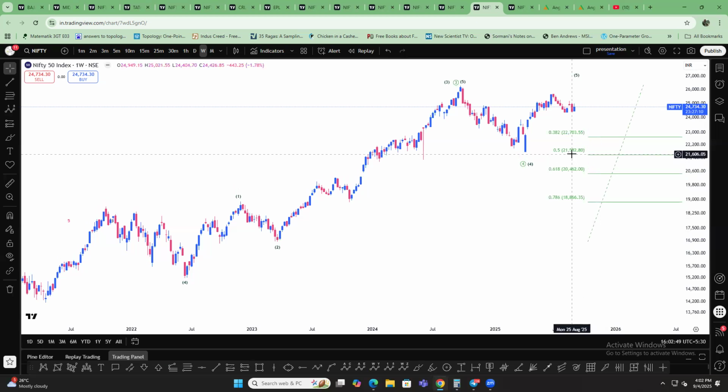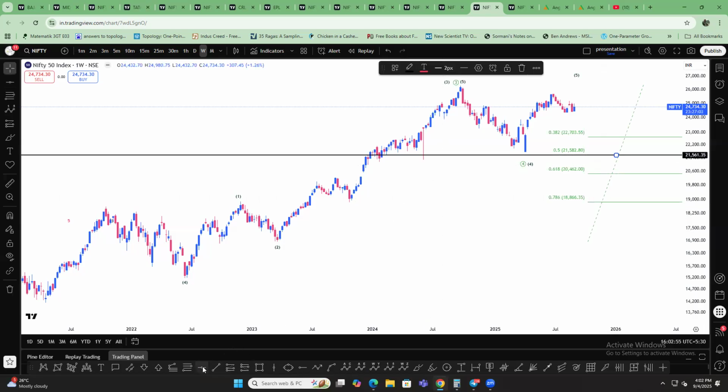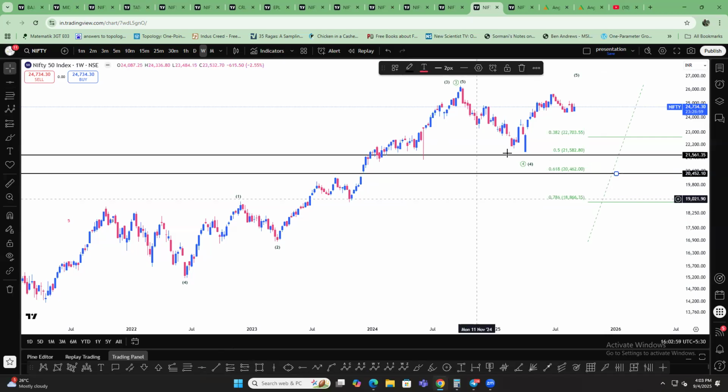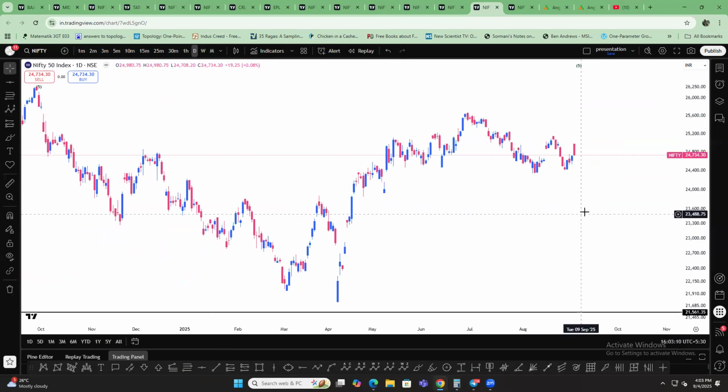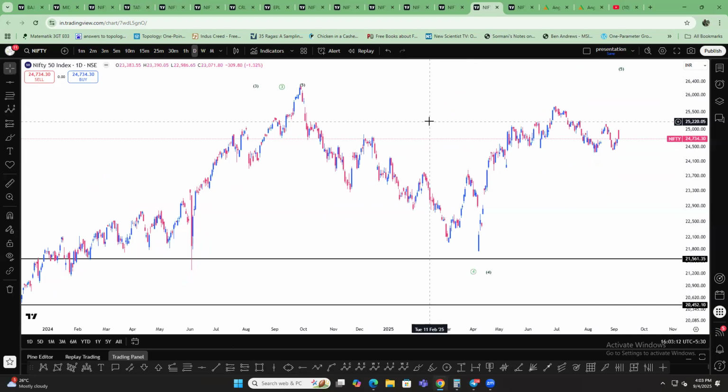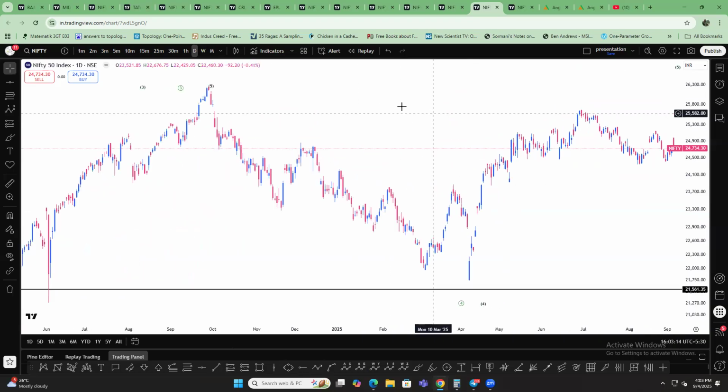So maybe 50 to 61.8%. So this is our possible level for the end of correction, where Nifty hasn't touched, but it came closer to that level. Now we'll consider these correction now in daily time frame to analyze it better way.